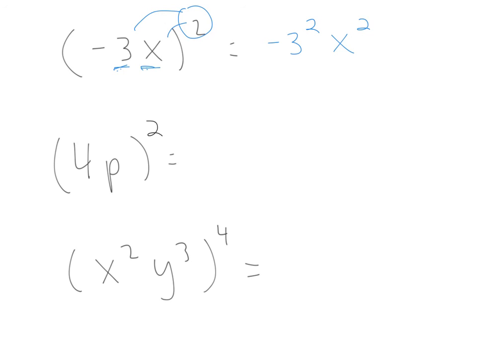Same thing here. This is going to be 4 squared p squared. And then this is going to be x to the 8th, y to the 12th. I got to go back up here and put my parentheses in.